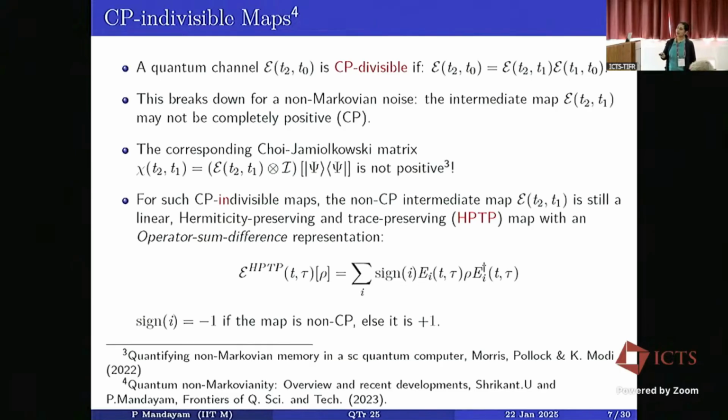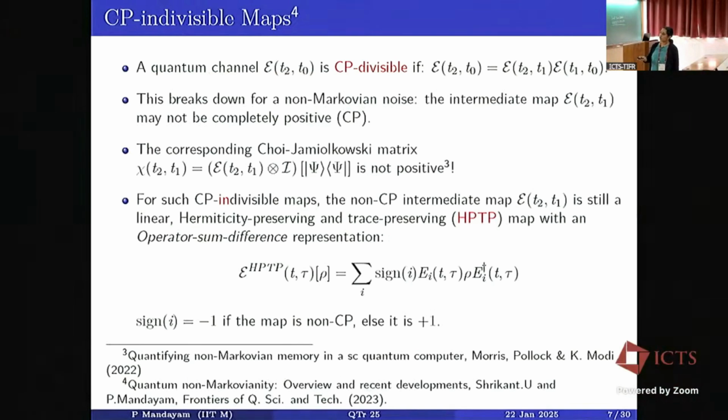And it turns out that these maps lead to an operator sum difference representation, where, apart from the E_i rho E_i dagger which I had earlier in my operator sum decomposition, I now have this additional sin i term, and this of course can be negative for certain intermediate times, and that's what makes these maps different from the standard CPTP maps.